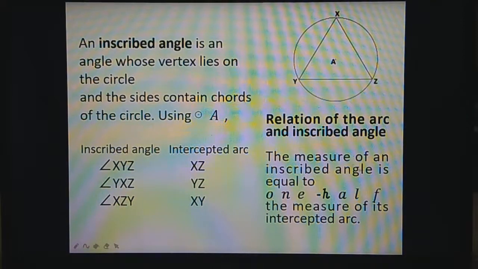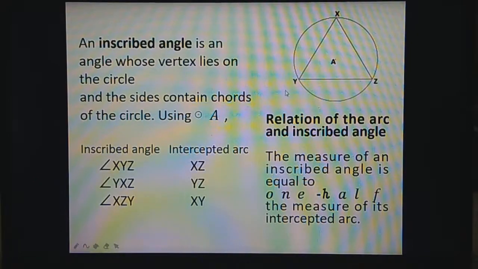So, inscribed angle is equal to 1/2 the measure of its intercepted arc. Pag binaligtad natin yung relationship, intercepted arc is twice naman the measure of its inscribed angle.